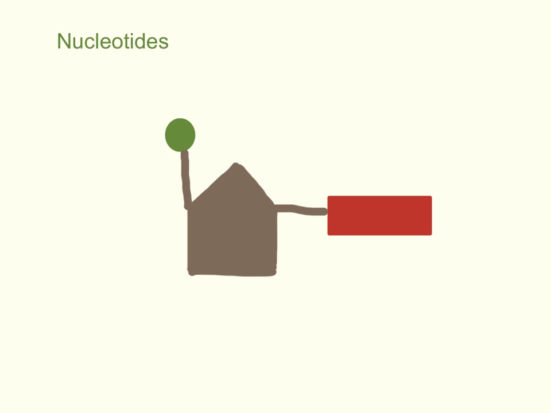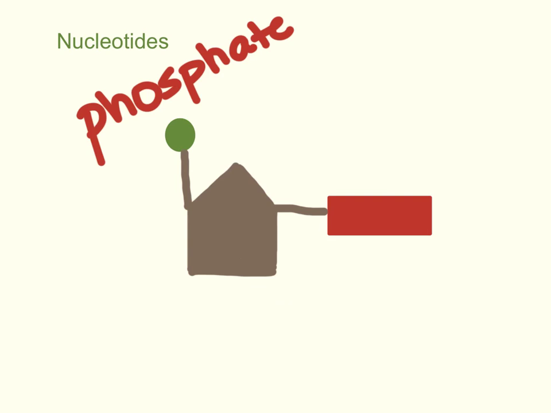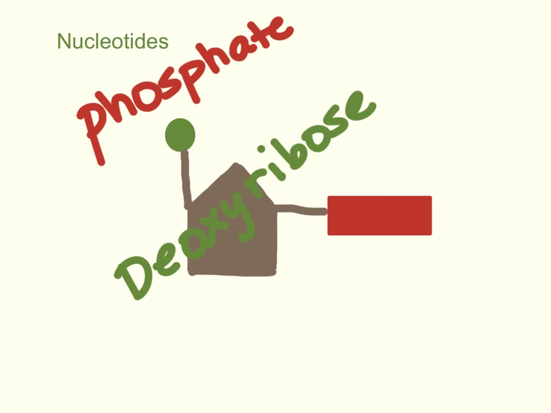The parts are usually symbolized as a circle, which is the phosphate group; the second part is the pentagon-shaped structure, which is deoxyribose sugar; and the third part, which is symbolized as a rectangle, is going to be one of four nitrogenous bases.